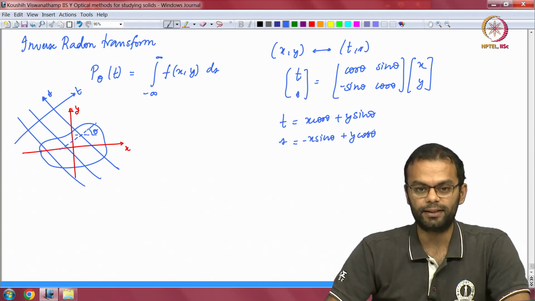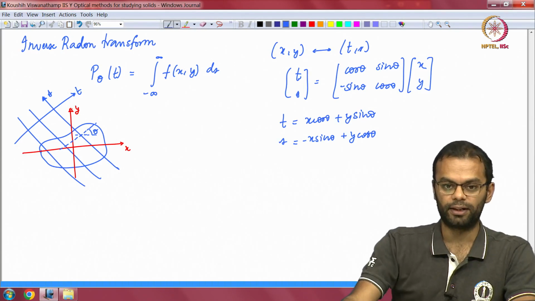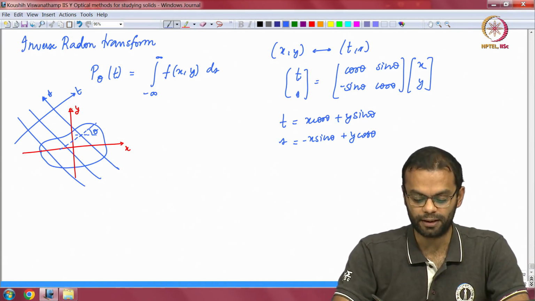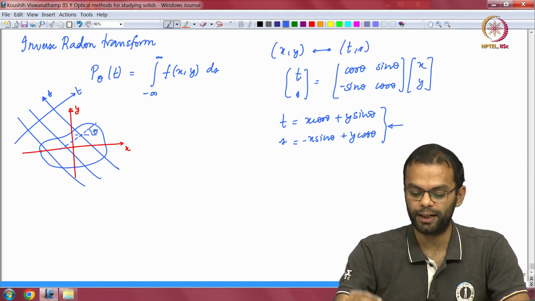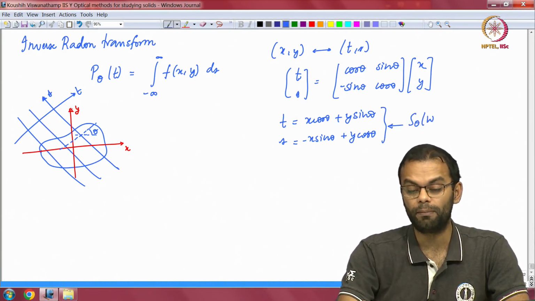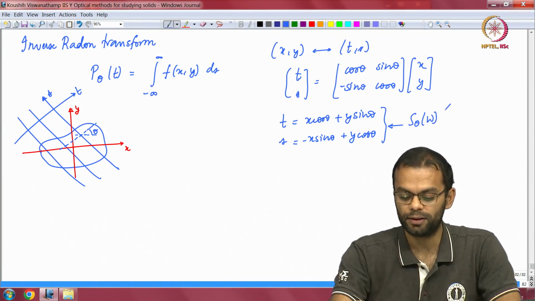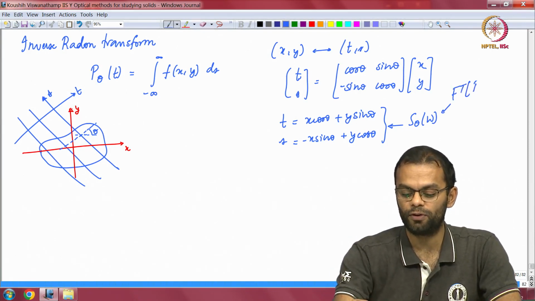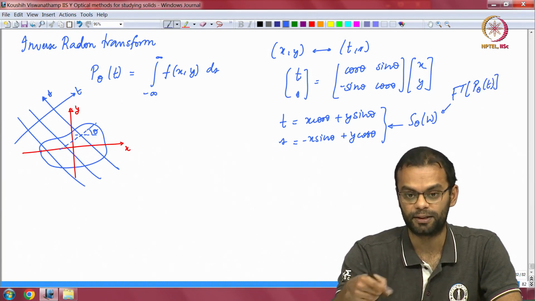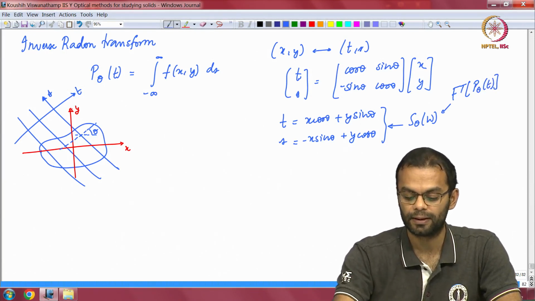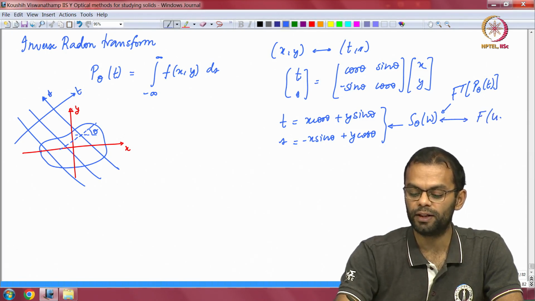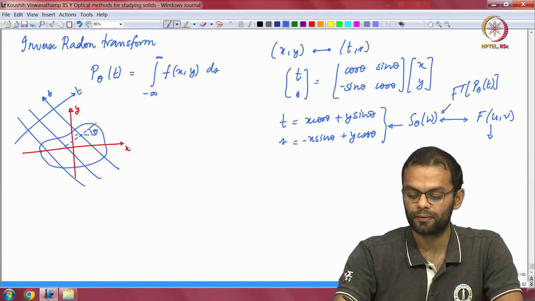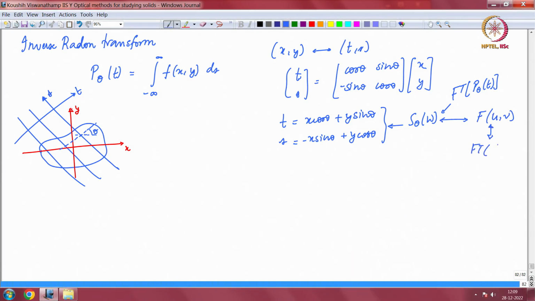So if you have not already figured this out based on our discussion in the previous session, this is what we will use to relate S theta of w, which is the Fourier transform of p theta of t with respect to the t variable for a fixed theta, to F of u v, which is the Fourier transform of small f, the function we want to determine.